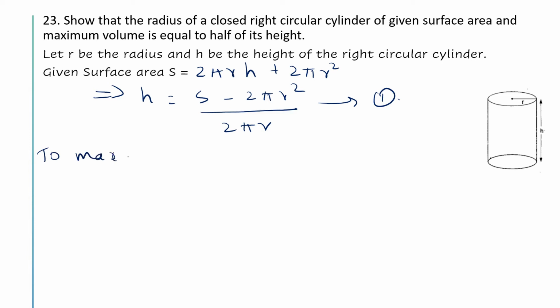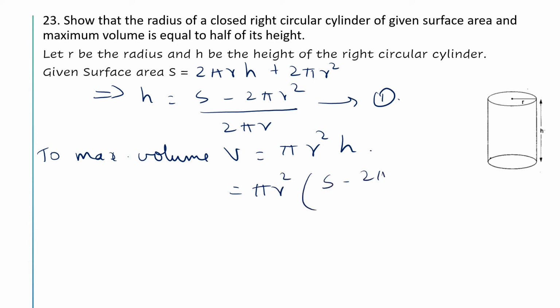So to maximize, volume V is equal to, volume of the cylinder is pi r square h. So this is equal to pi r square into h, which is S minus 2 pi r square divided by 2 pi r. It is from the first equation. So let me continue here.